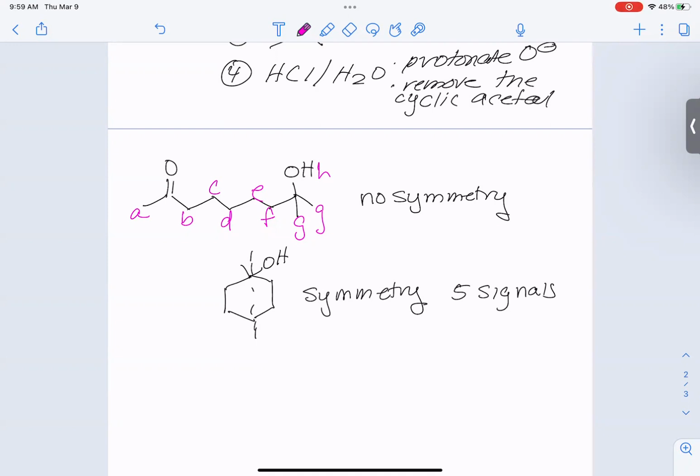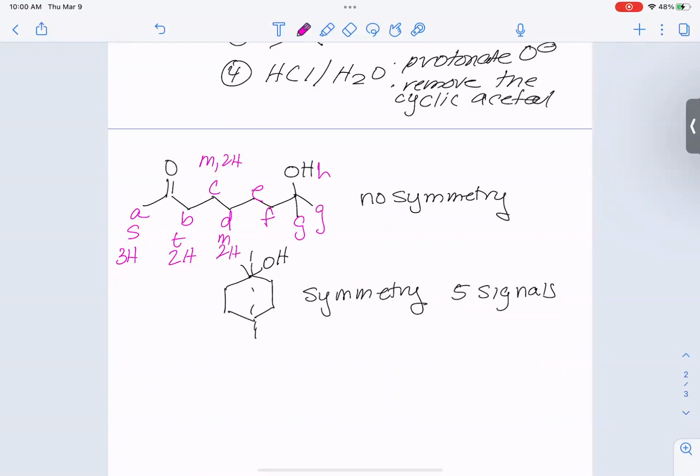All right, so will you guys tell me what would be the splitting for A? A singlet. That's 3 hydrogens. What would be the splitting for B? Good, triplet, that's 2 hydrogens. What would be the splitting for C? Multiplet. That's 2 hydrogens. D would be a multiplet.